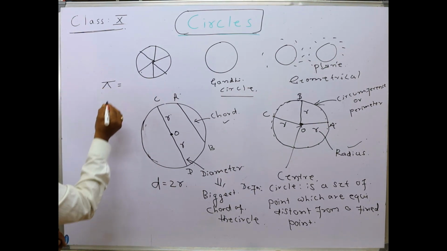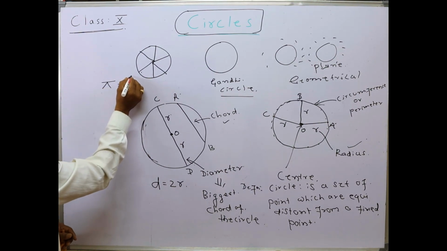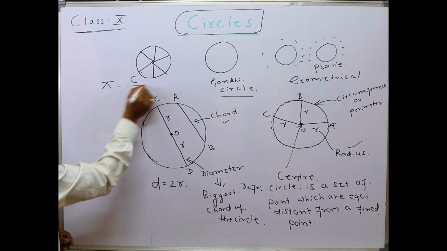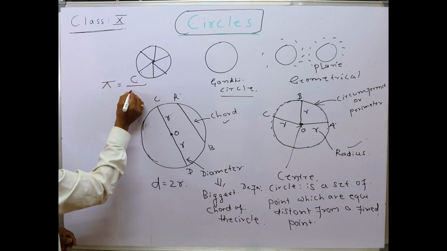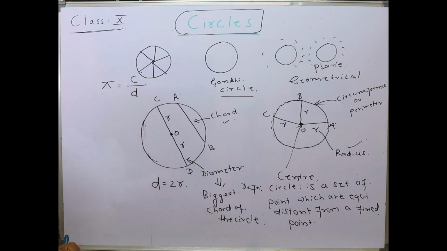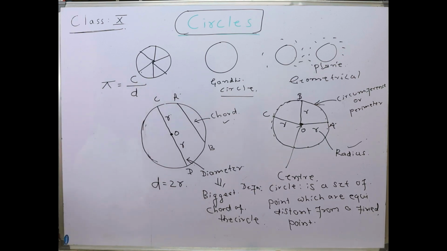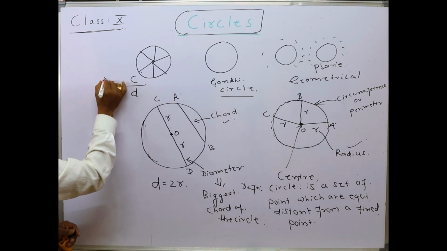This pi is nothing but the ratio of the circumference of the circle divided by the diameter. You take any circle of any radius, this ratio is found to be always constant. That constant is called in geometry pi.